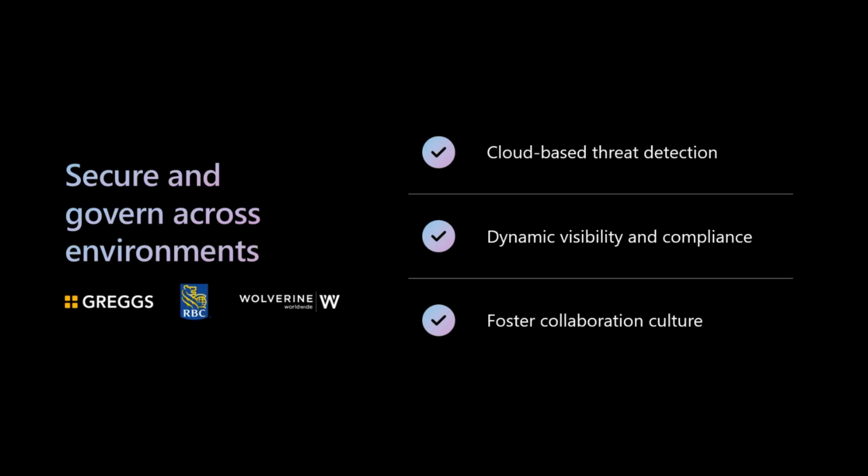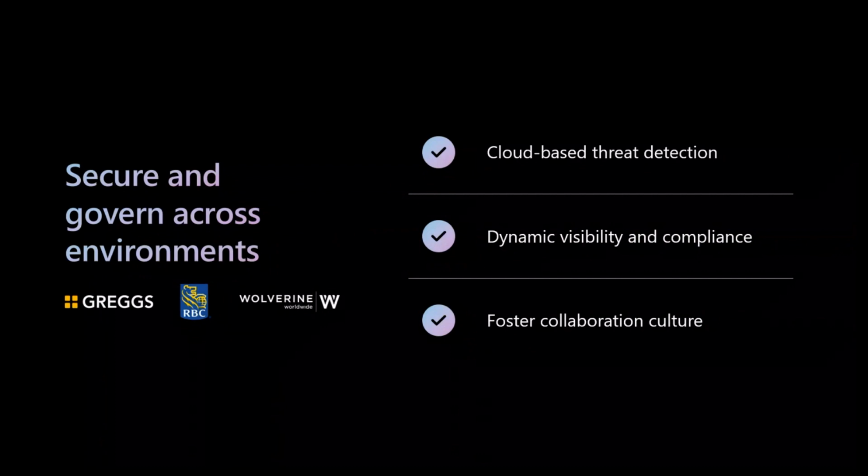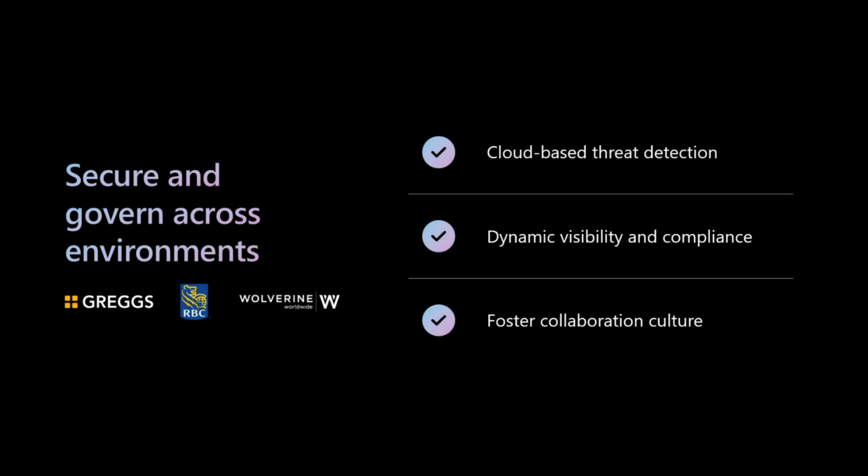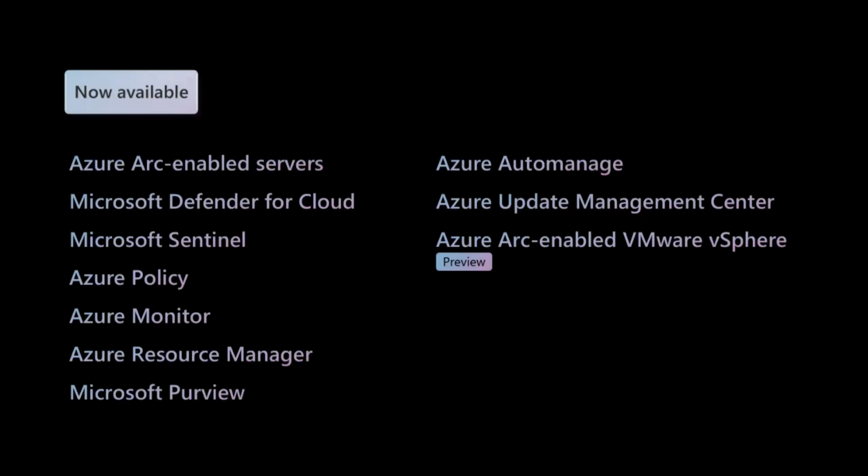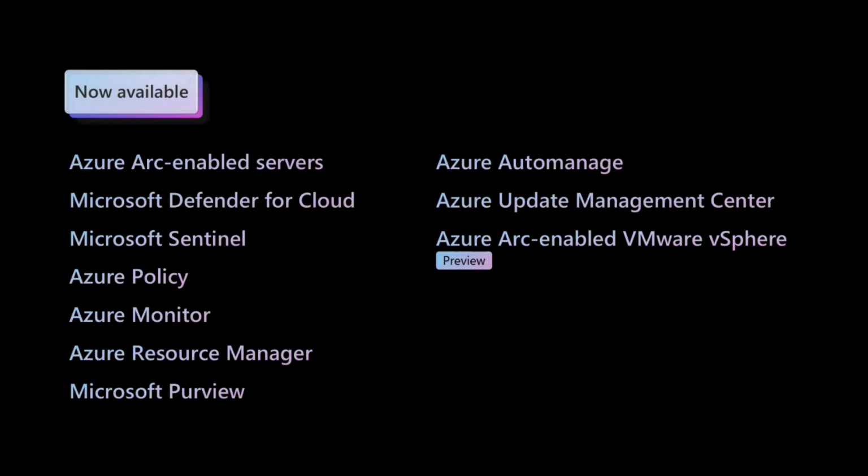You can foster collaboration between teams through shared tools for application, data, and infrastructure. You don't need to run silos, with one team securing your cloud-based workloads and another team securing your on-premises workloads or other cloud providers' workloads.